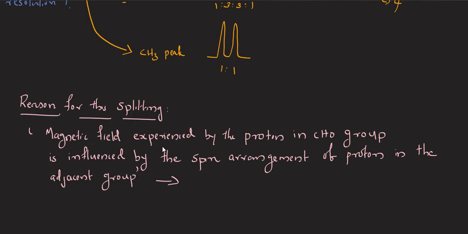So we can simply say that there is an interaction between nuclei of two groups.